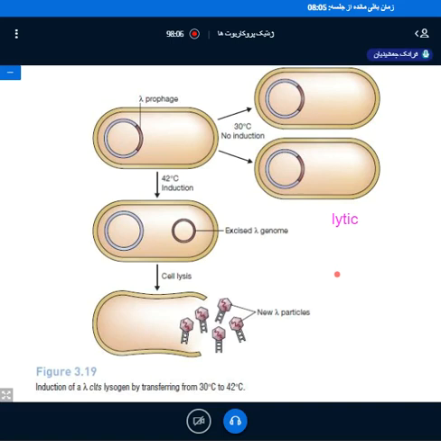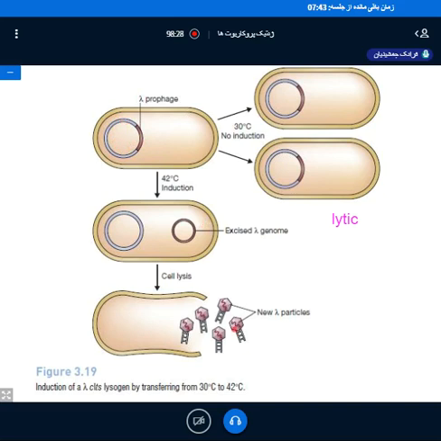Thank you, Hale. Why lytic phase? Because we want the phage. We want the phage particles. If it's going inside the chromosome of bacteria, we can't access the phage. So we can't extract the phage.